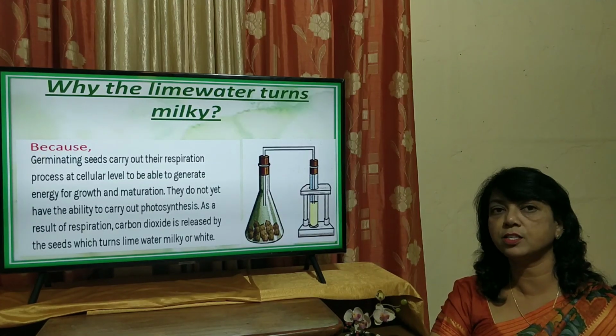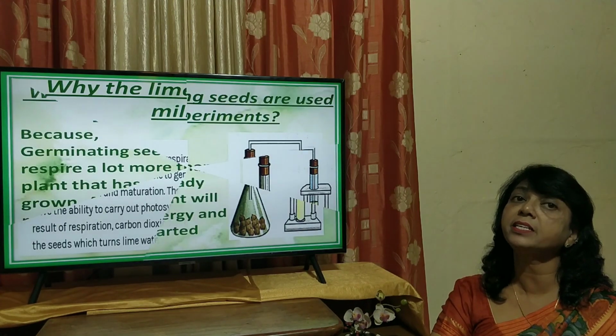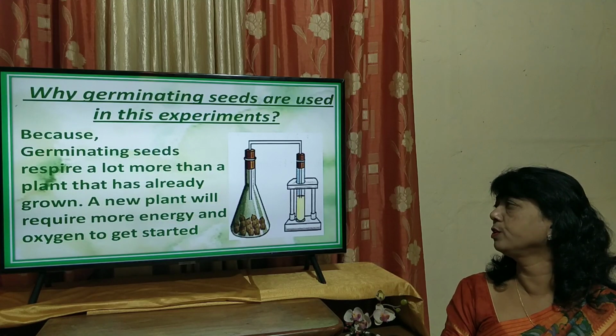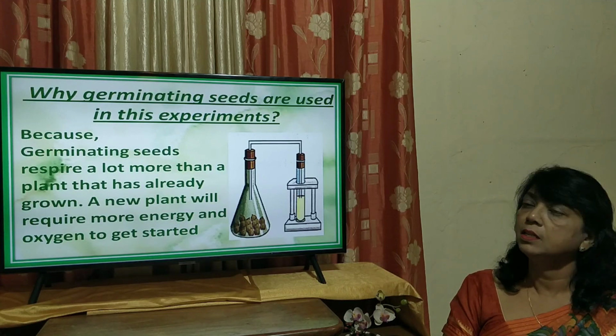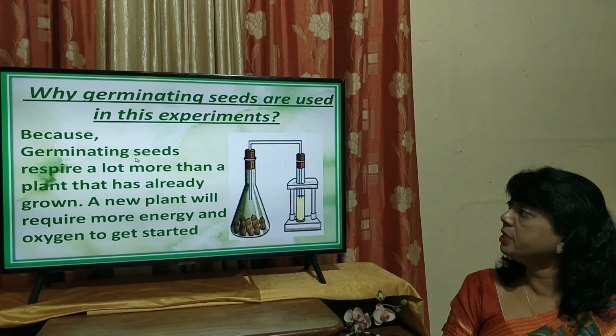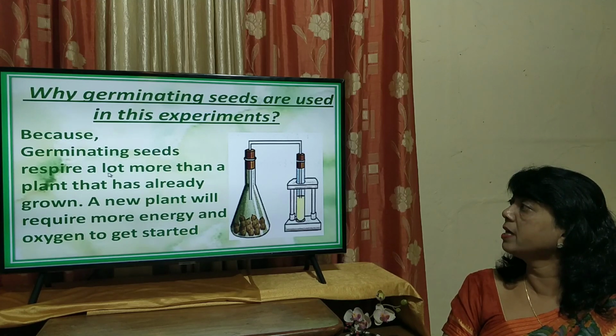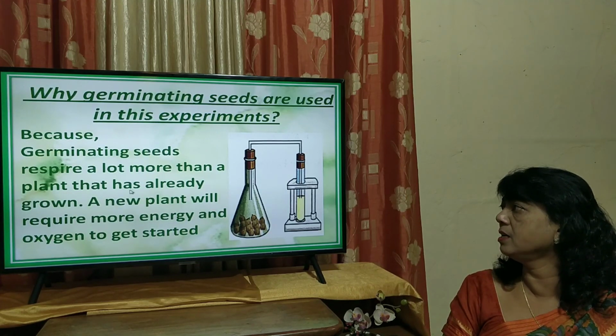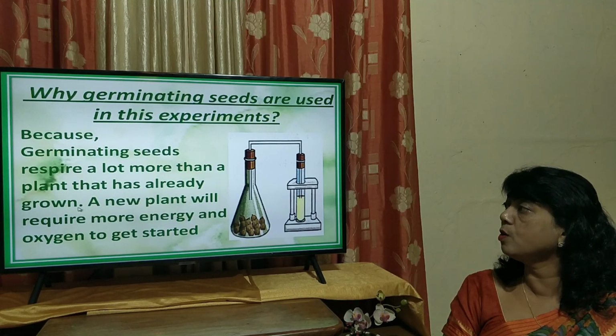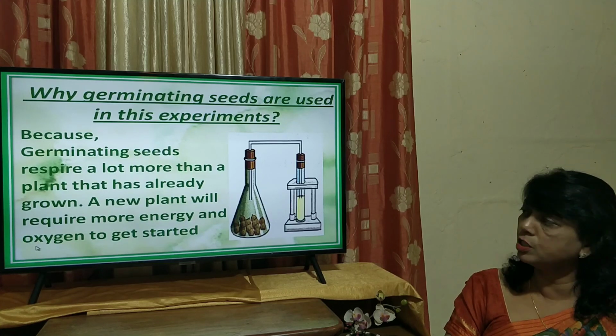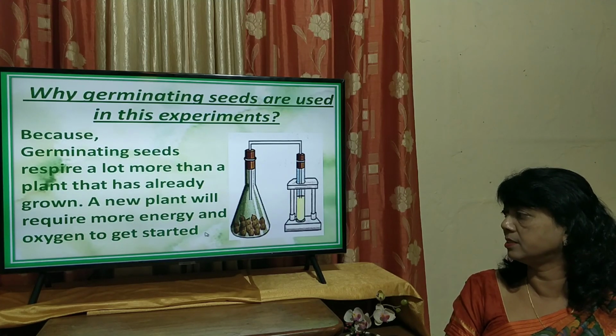The question arises, why are germinating seeds used for this experiment? Because germinating seeds respire a lot more than a plant that has already grown. A new plant will require more energy and oxygen to get started.